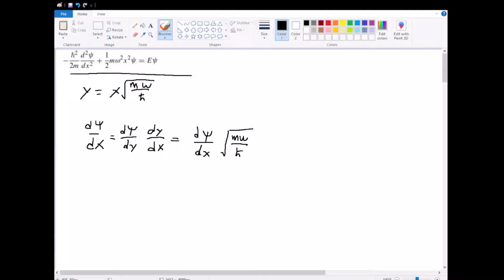So plugging this into our x stationary state, we're going to get negative h bar squared over 2m. And since this is two derivatives, we have two factors of the square root of m omega over h bar, so it gets multiplied by m omega over h bar, and then d2 psi by dy squared.